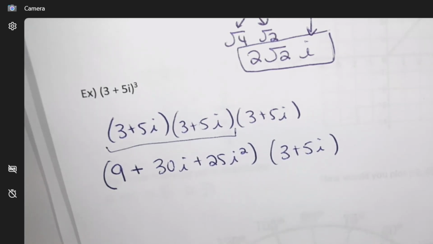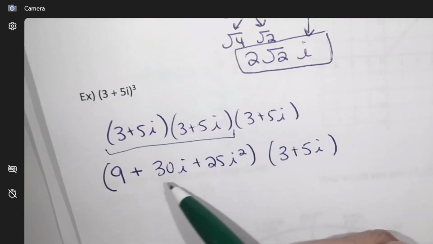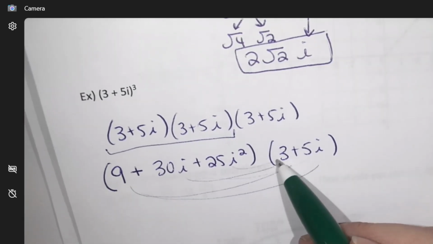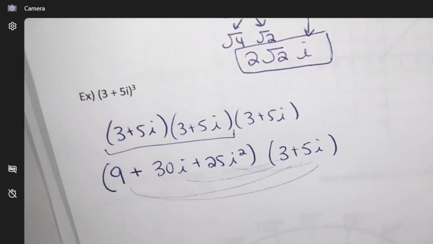Okay, on your own, you got a foil. So how many things are you going to end up with here? 1, 2, 3, 4, 5, 6. You got 6 things to go with. Distribute.